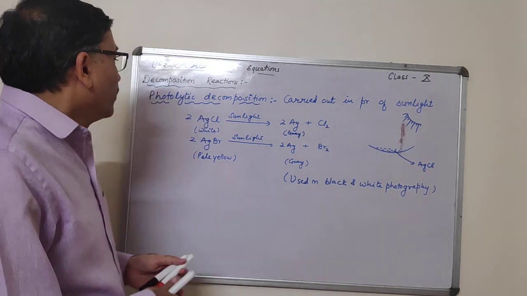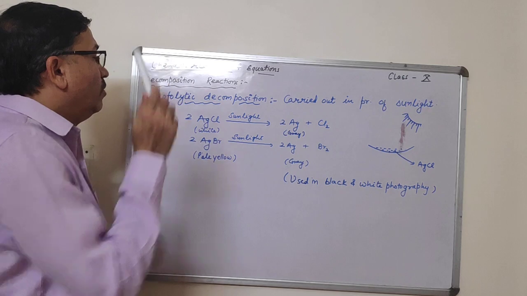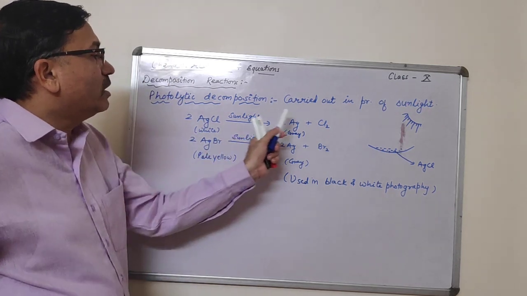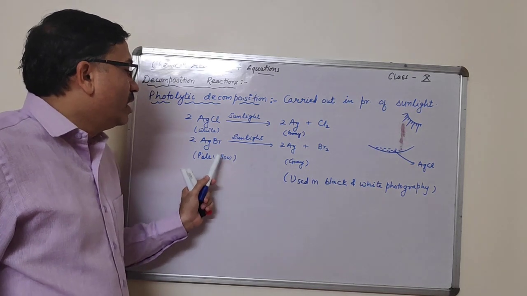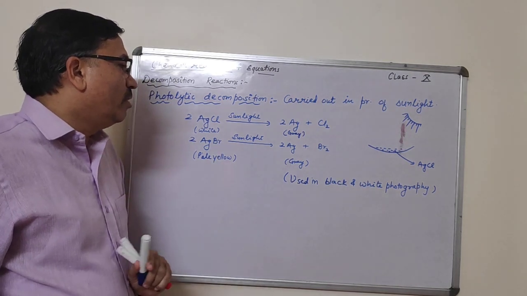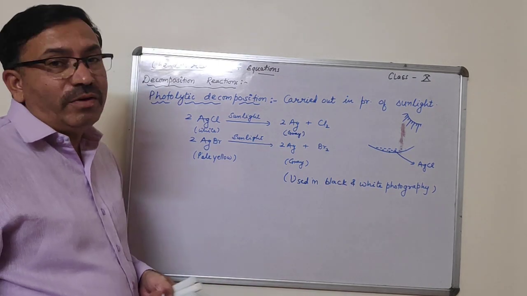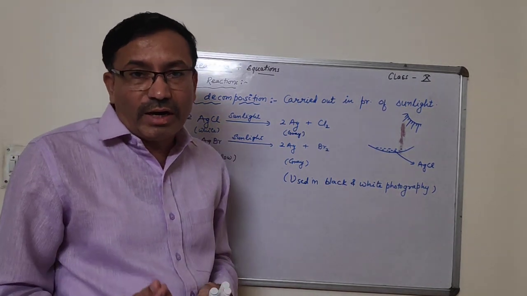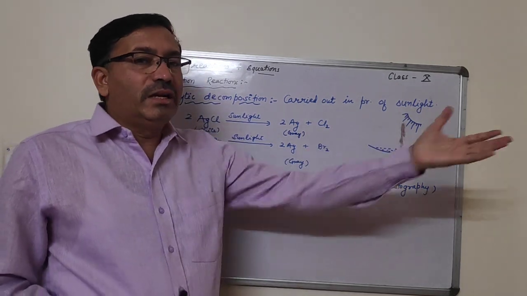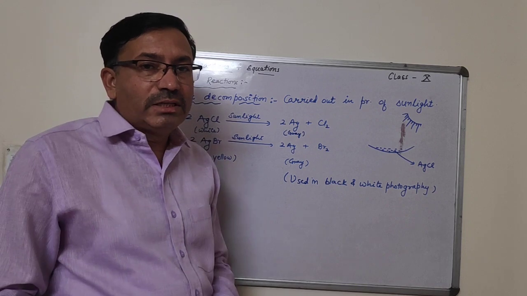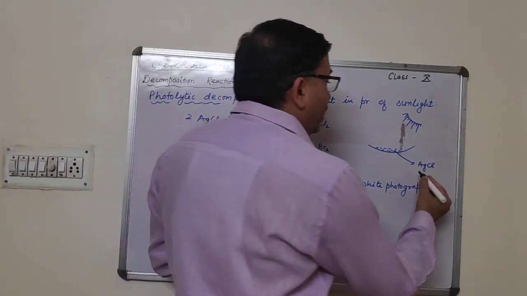So I have taken two examples. Silver chloride, in presence of sunlight, gives silver and chlorine, and silver bromide, in presence of sunlight, gives silver and bromine. And we can show it with the help of an activity. We can take a small amount of silver chloride in a watch glass and keep it in sunlight for some time, 15 to 20 minutes.